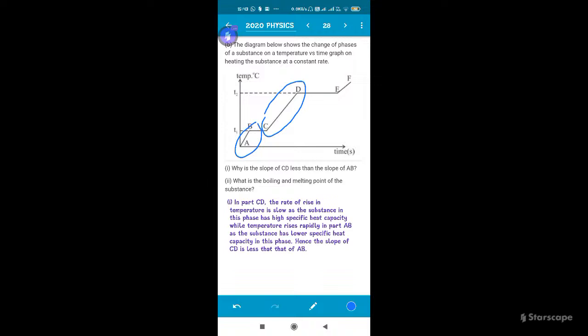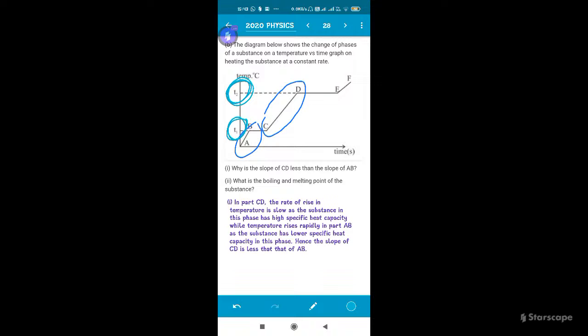Now your next question is, what is the boiling and the melting point of the substance? Boiling point is the point where the substance starts boiling, and melting point is where it will melt from its solid state. From the figure, it is very clear that T2 is the boiling point and T1 is the melting point, because from A to B the object is increasing its temperature slowly and it is reaching its freezing point or melting point.